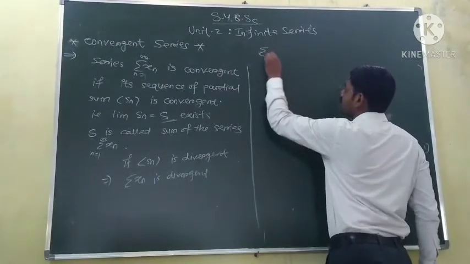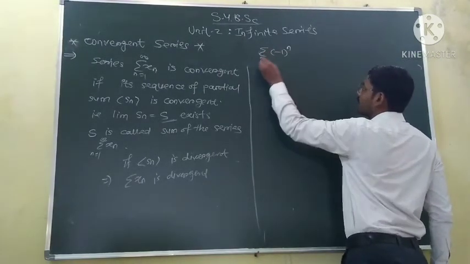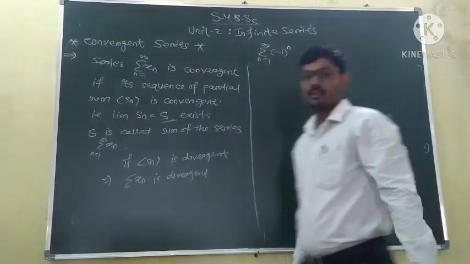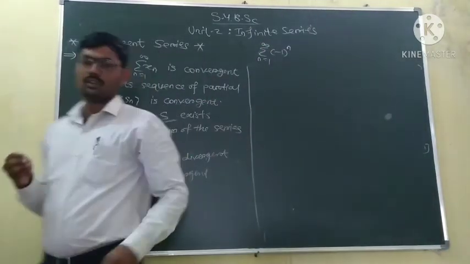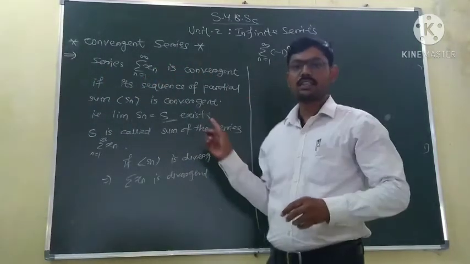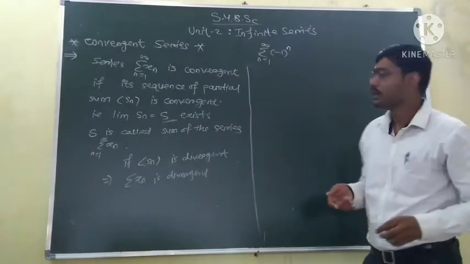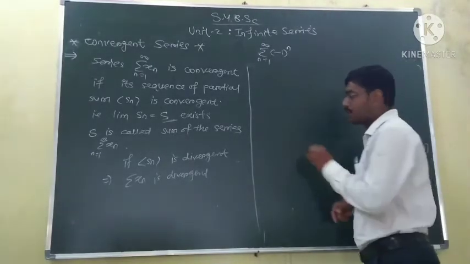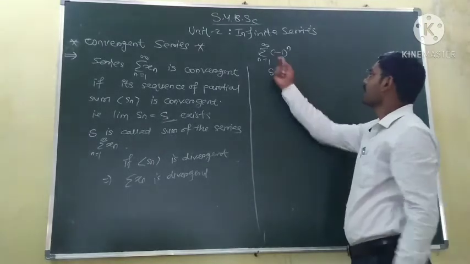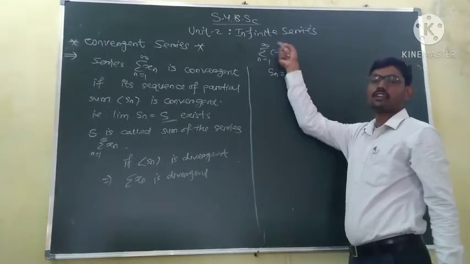Consider the series summation of minus 1 raised to power n, n equal to 1 to infinity. Okay, so we first have to check whether the sequence of partial sums for this series is convergent or not. So we will find the sequence of partial sums Sn. The nth term of the sequence of partial sums is equal to the sum of the first n elements.